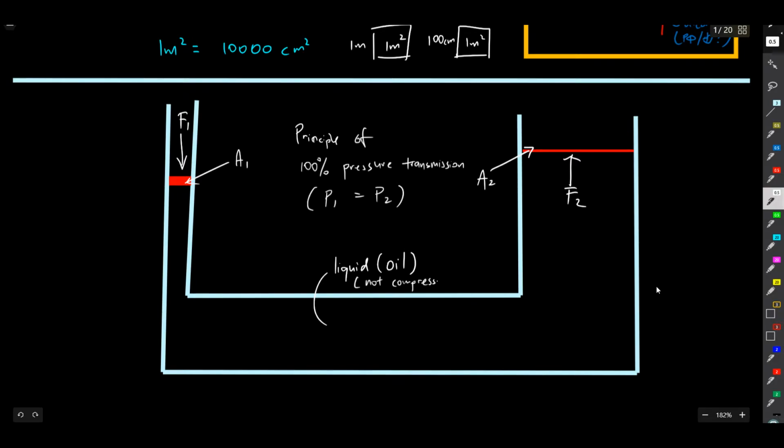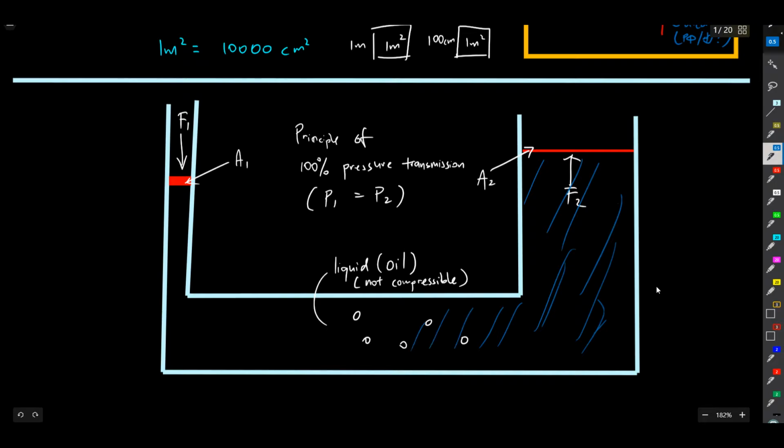Now if there's gas over here, let's say there are air bubbles, so instead of having all this as pure liquid, in the liquid itself there are some air bubbles. Now what will happen is that suddenly the liquid is not entirely incompressible, because you can compress and burst these air bubbles.